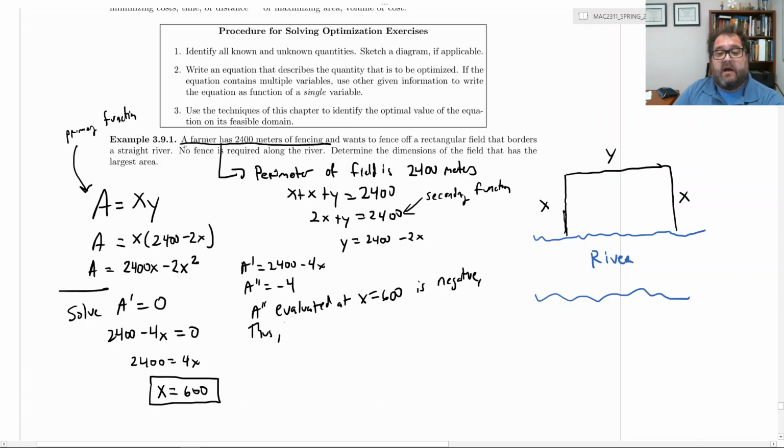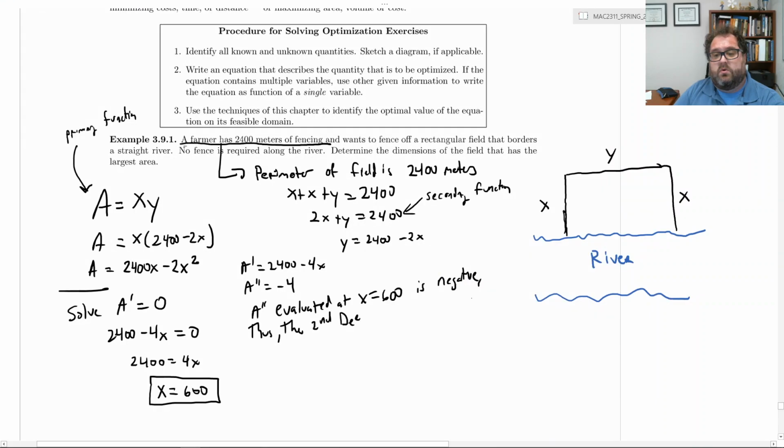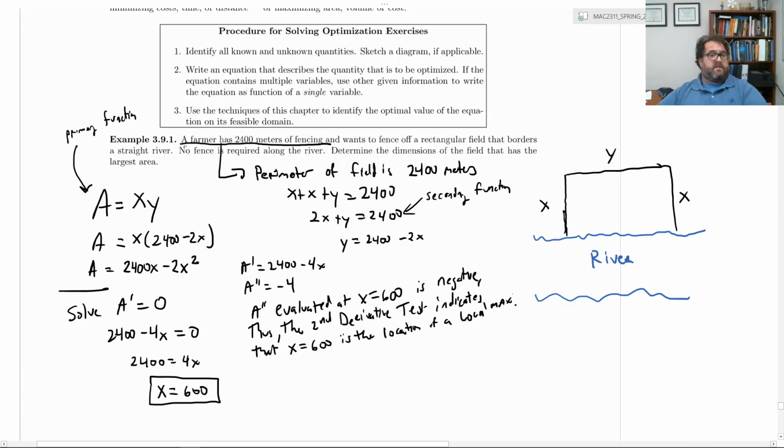Thus, the second derivative test indicates that x equals 600 is the location of a local maximum. So we have verified that 600 is a local maximum.